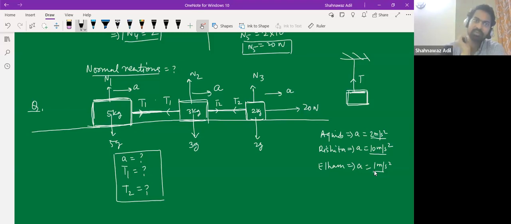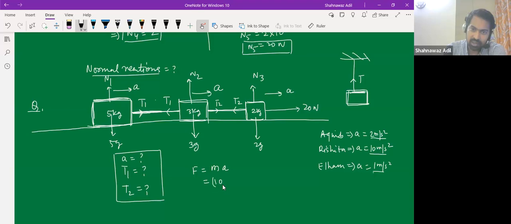Yes, sir. So now let us understand this question. So what do we have? Because this is inextensible, all will experience the same acceleration. And the force that is applied is 20 Newton. So force is M into A. And total M is how much? 5 plus 3 plus 2, so 10.